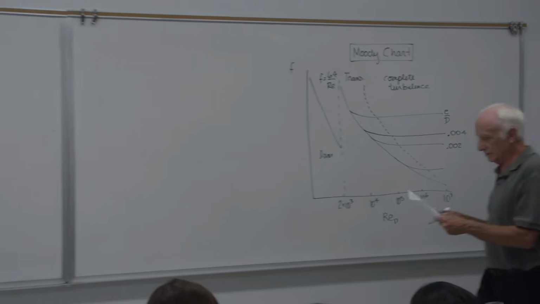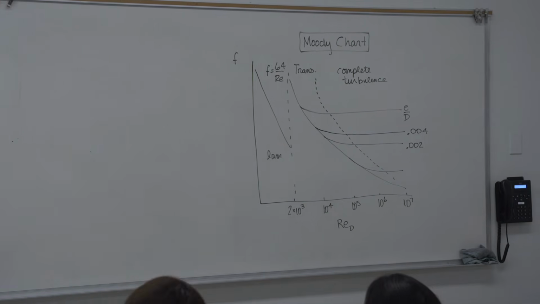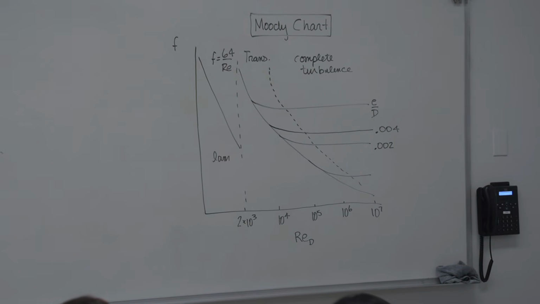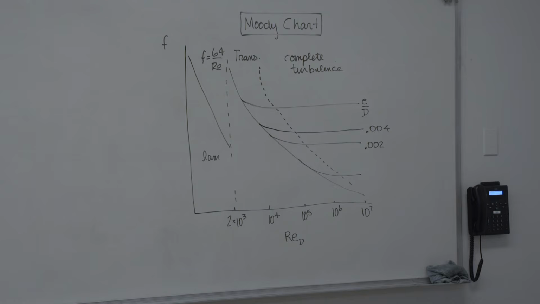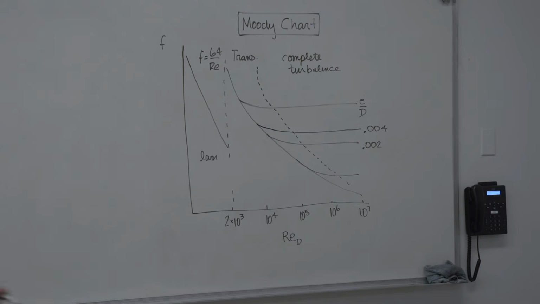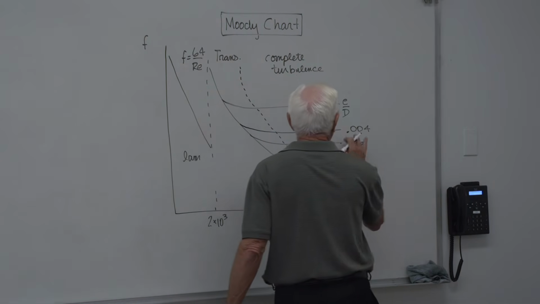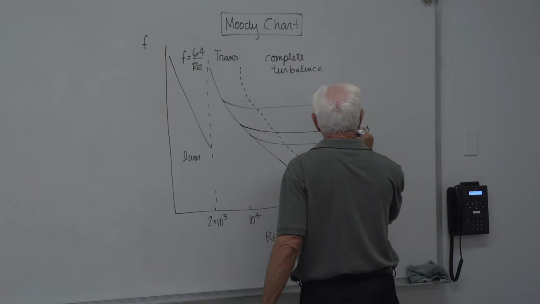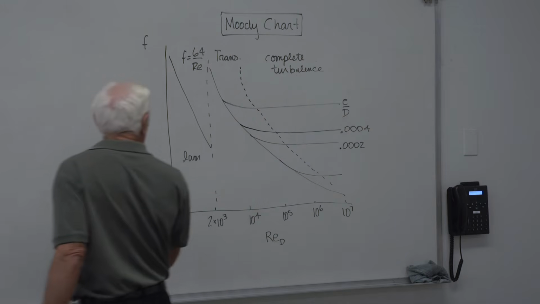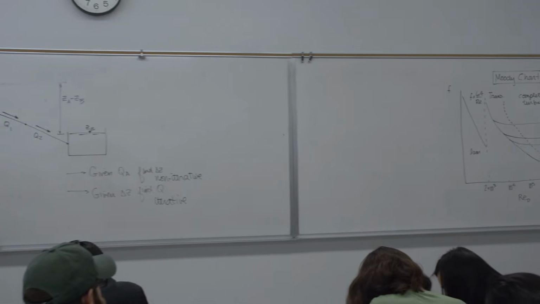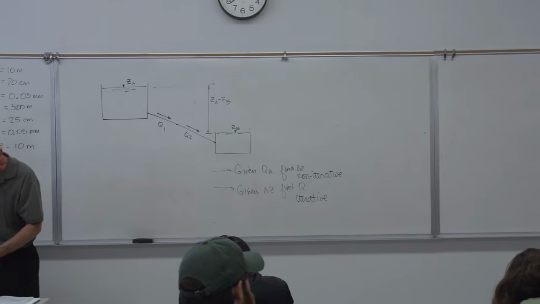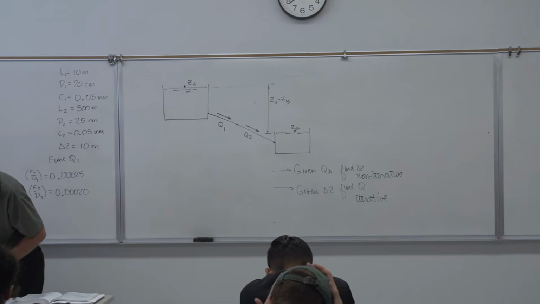Okay, there should be, I think there's another 0 in there. Let me check and make sure. Yeah, there should be 3 zeros there. Okay, right. That's what you see on the Moody diagram in the textbook there.